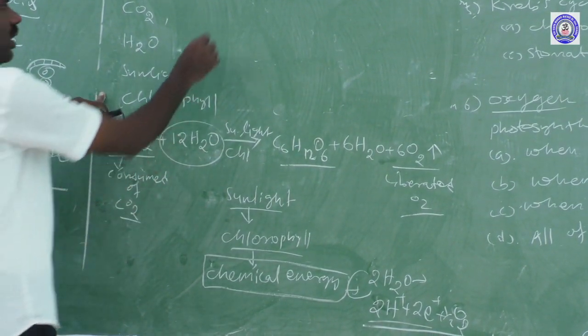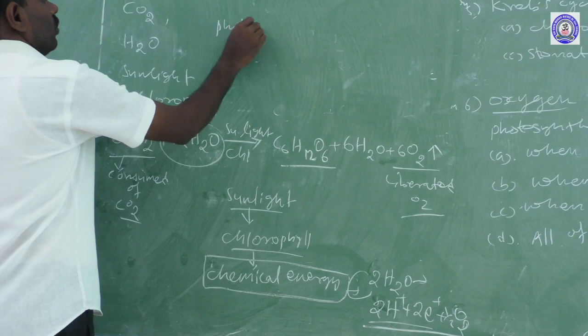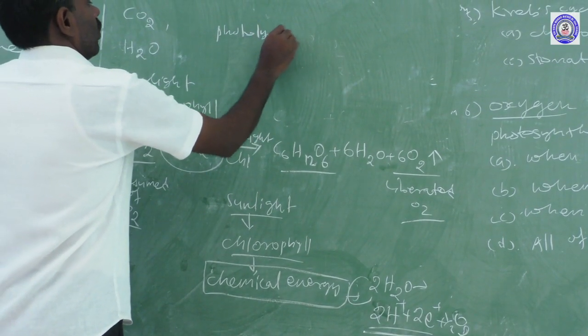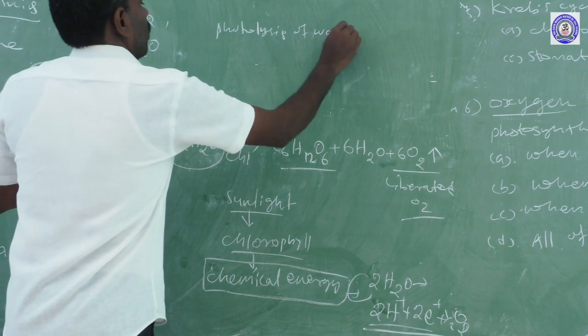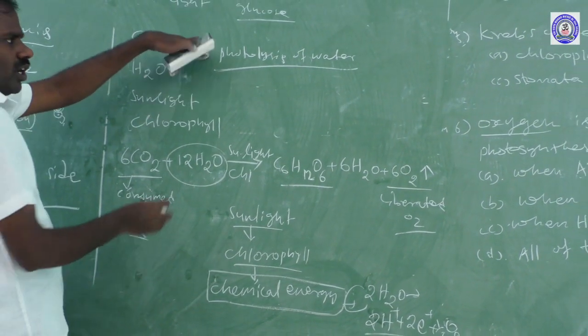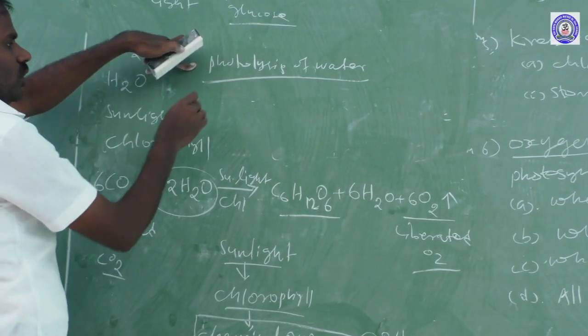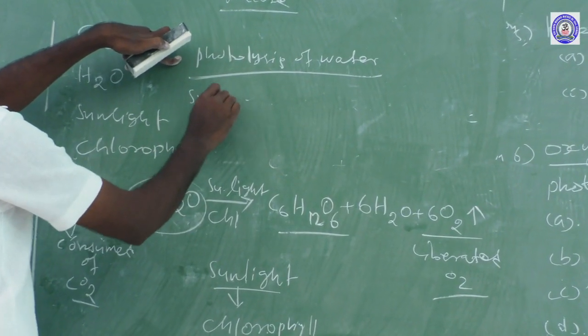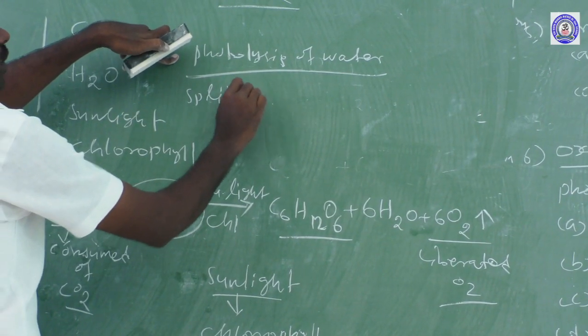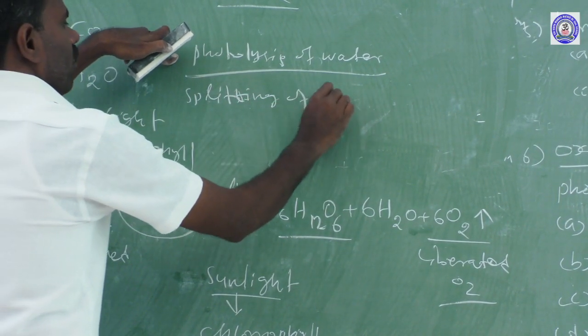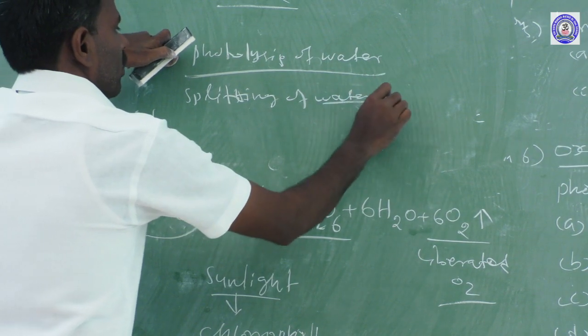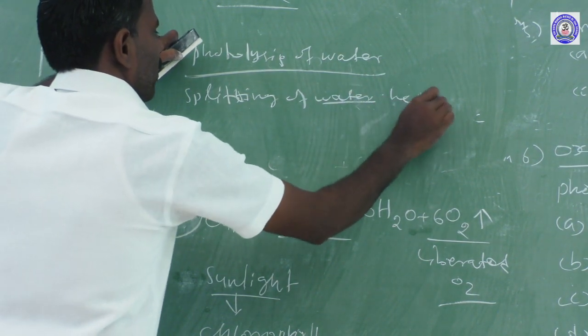What is photolysis of water? It is the splitting of water molecules with the help of light energy, that is, sunlight.